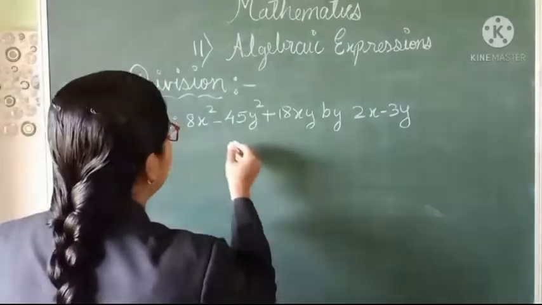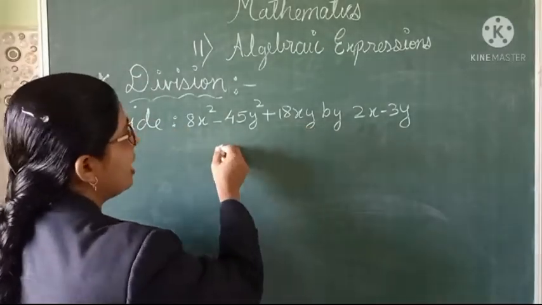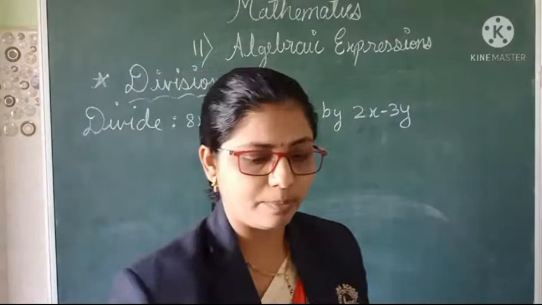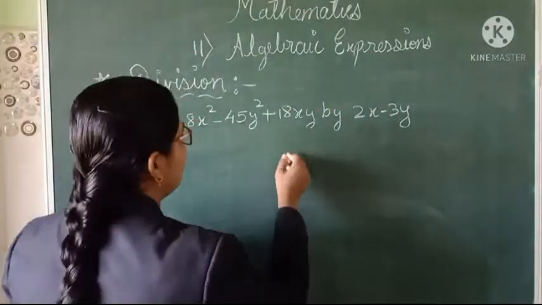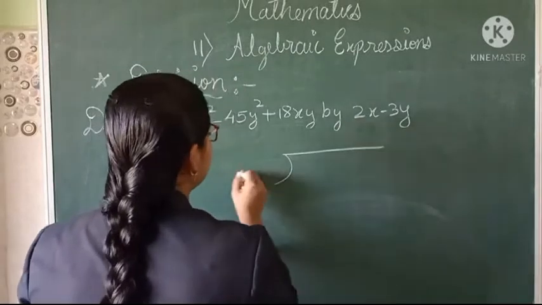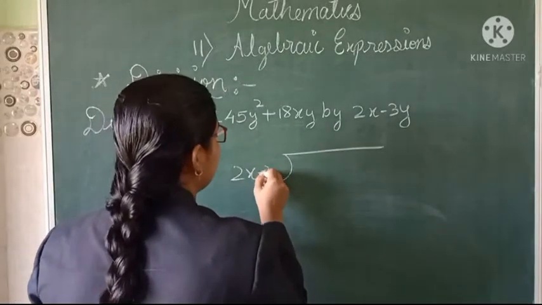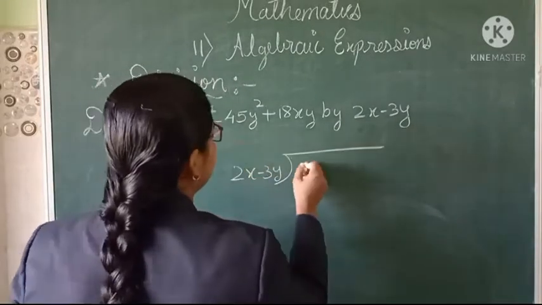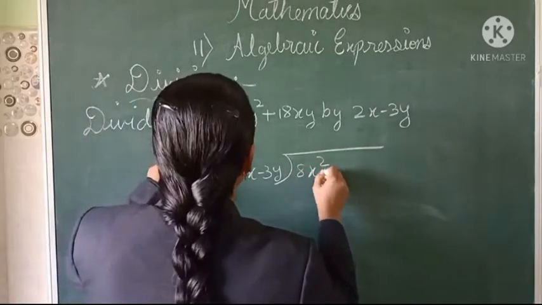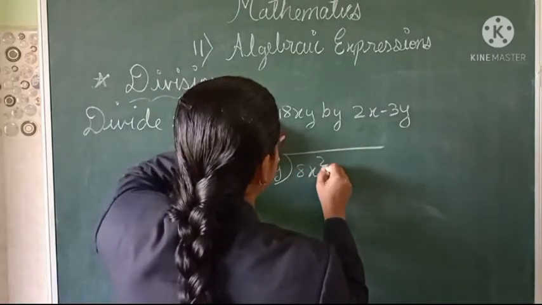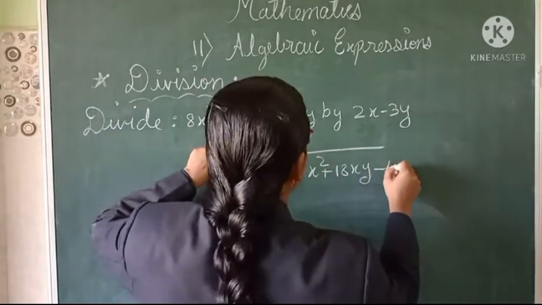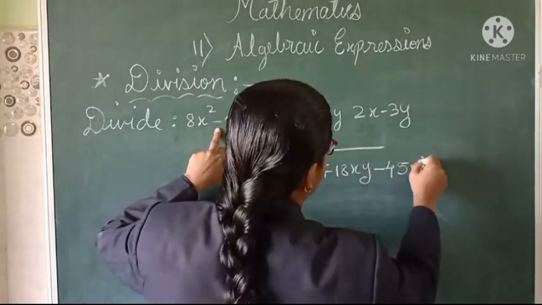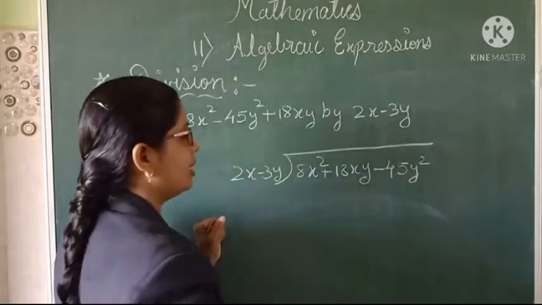So now first arrange it in a proper way. After arranging the terms in a proper way, then only you will solve it. So you write 2x minus 3y. Then here will be 8x square plus 18xy minus 45y square. Okay.